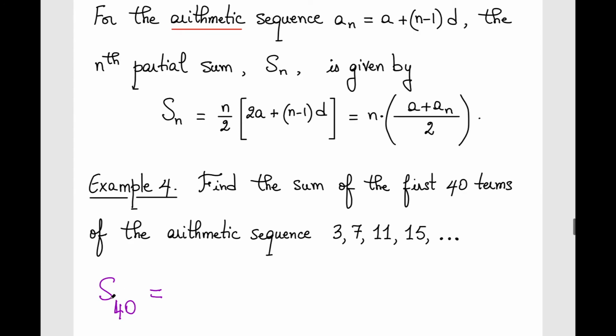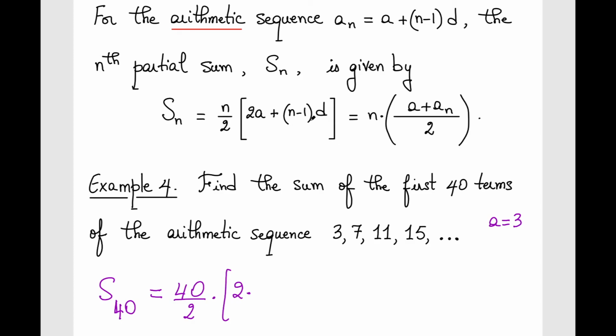All right, so S40, the sum of the first 40 terms, or the 40th partial sum, is equal to, which one do we want to use? Use both at home. I'm going to use this one. So it's n, which is 40 in this case. n is the number of summands, the number of terms, divided by 2 times, who's a? a is the first term, which is 3.